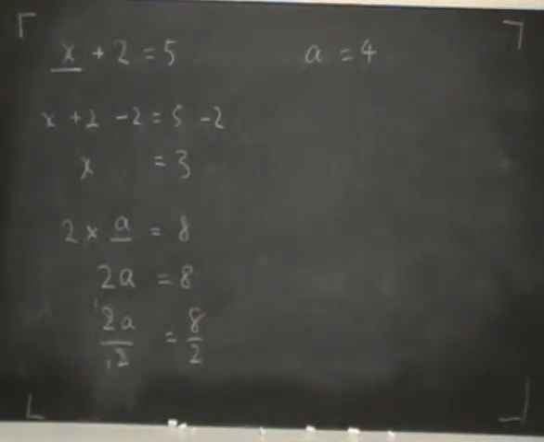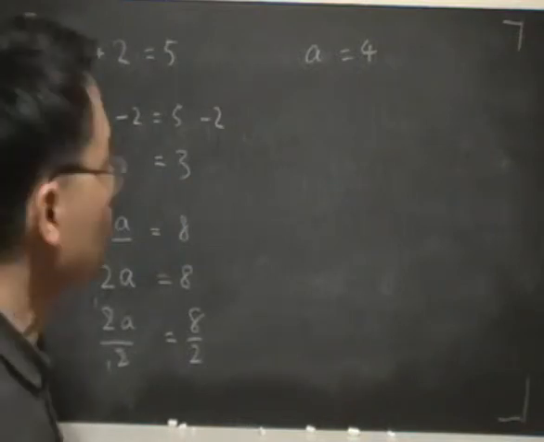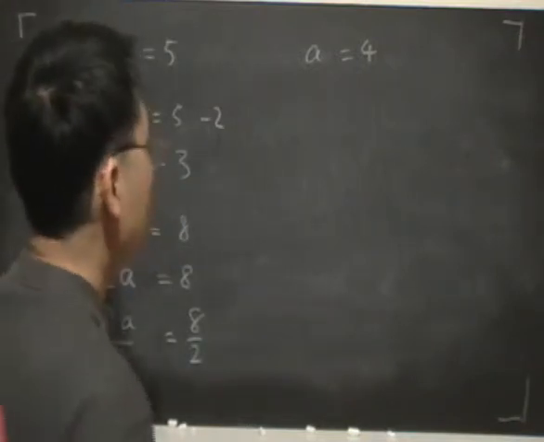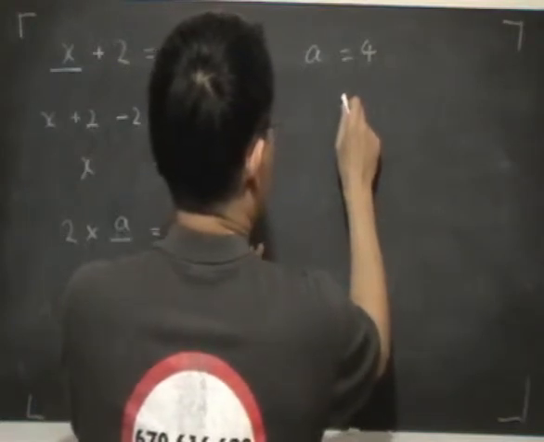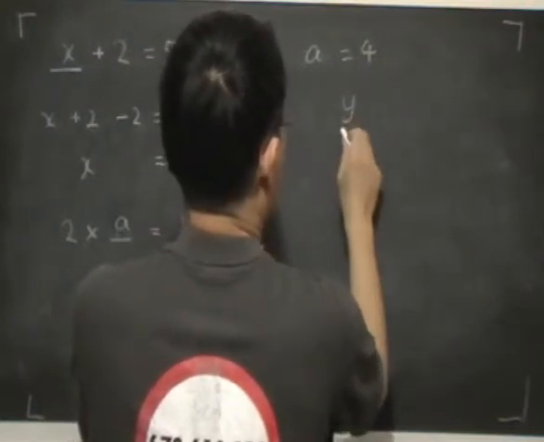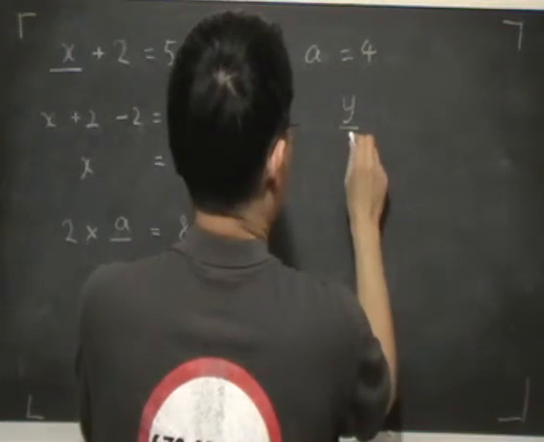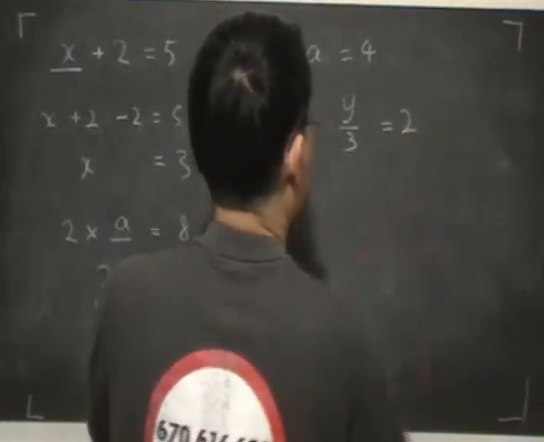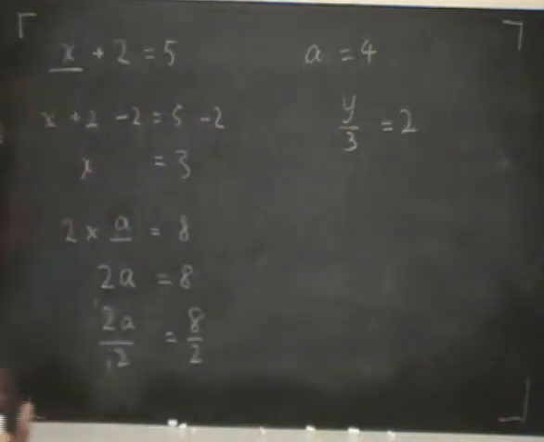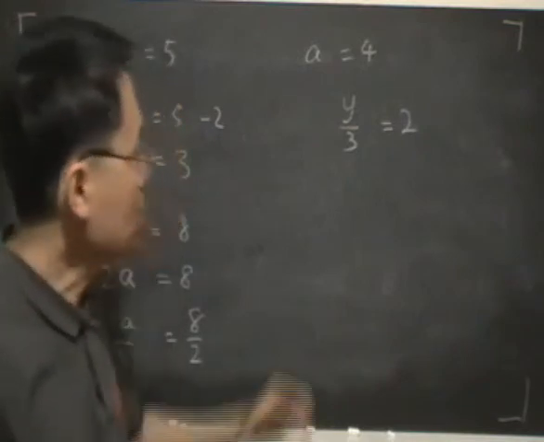Okay, so another problem might be, for example, y divided by 3 is equal to 2. Okay, so that's slightly less obvious.